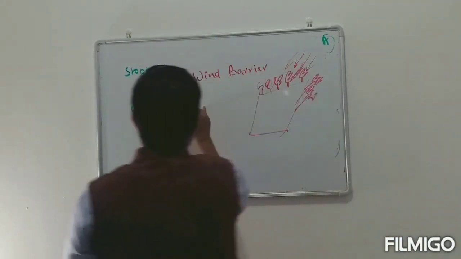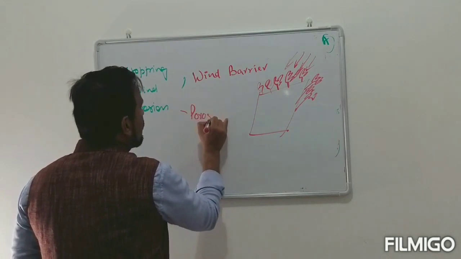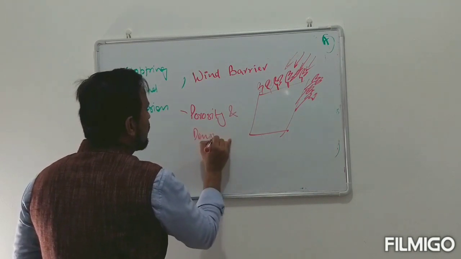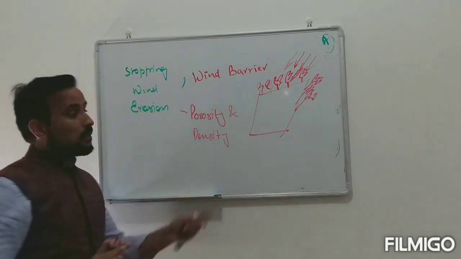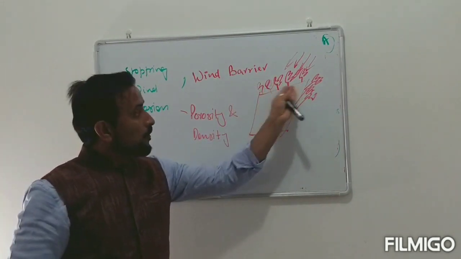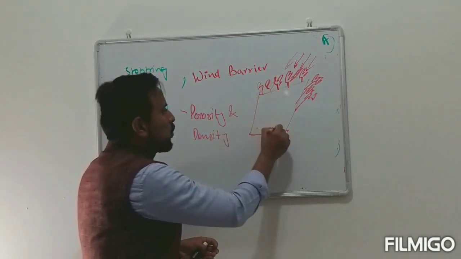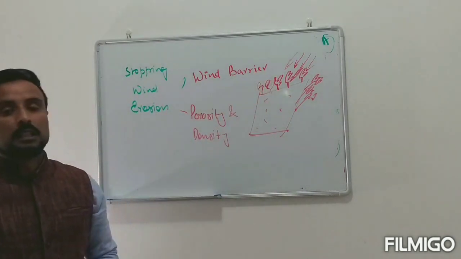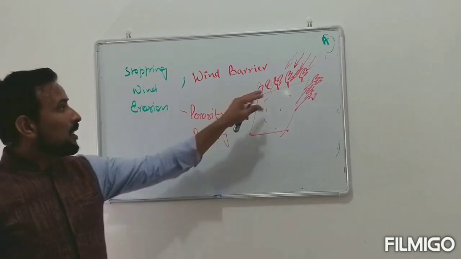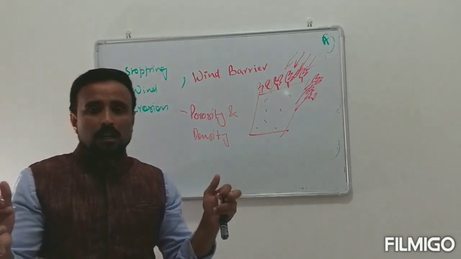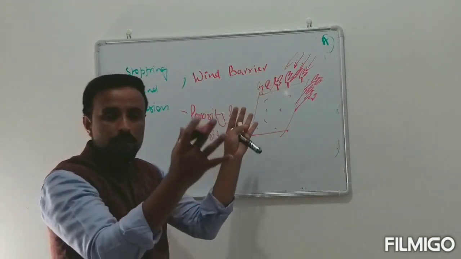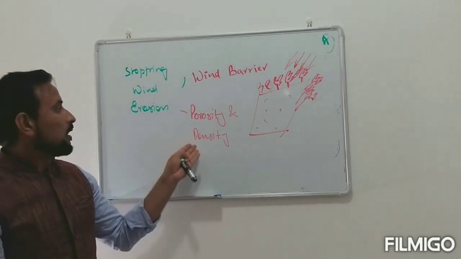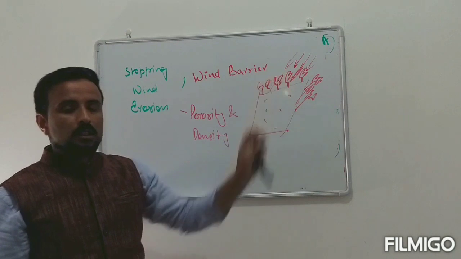So the porosity and density of these trees which you plant on the surface of these lands in which you are growing something, the porosity and density of these trees are also calculated, right. Density means the solid area compared to the overall trees which you have planted. The solid area of that is called the density of these particular trees, right?